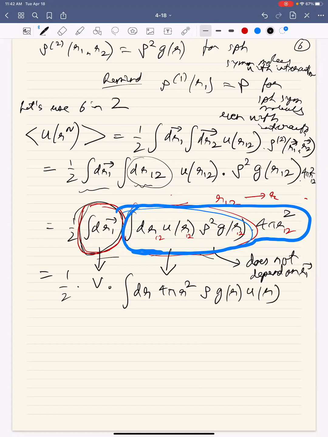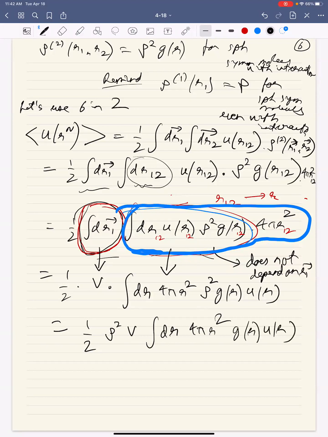Okay. So we bring the rho outside, rho square, sorry. So we bring the rho square outside. So this becomes half rho square V integral dr 4 pi r square g of r u of r.